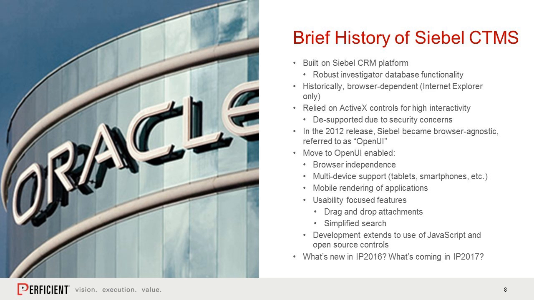And we'll see that this shift is more pronounced in recent versions. But again, this evolution started with this release of OpenUI in 2012, which started to show the direction Oracle wanted to take this platform. So how has the product evolved since that introduction of OpenUI?